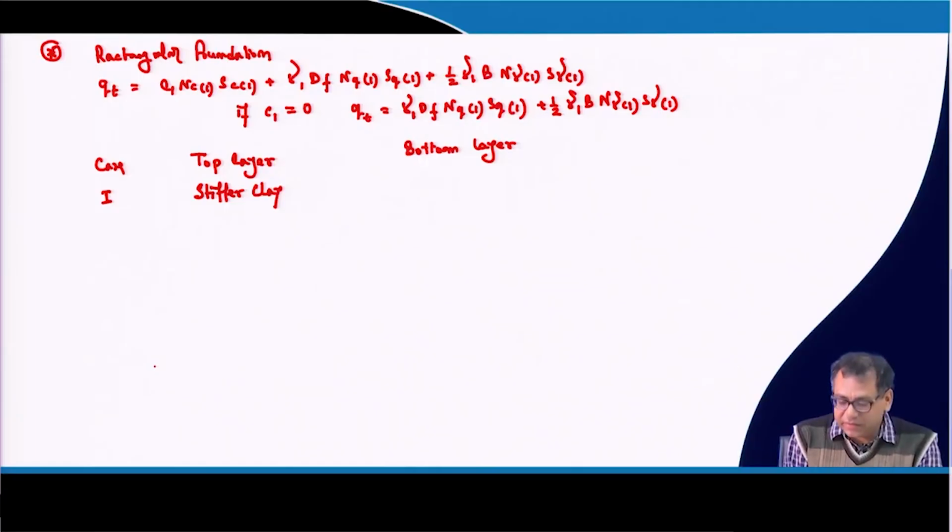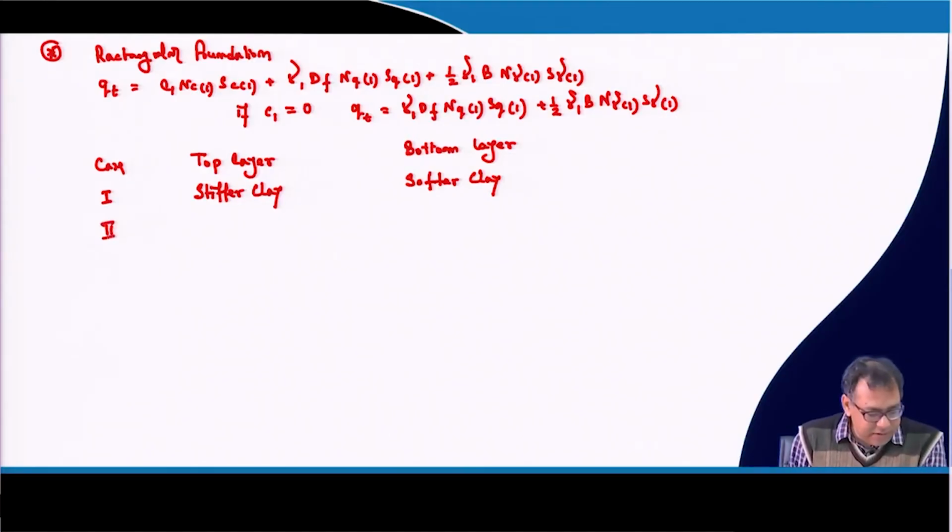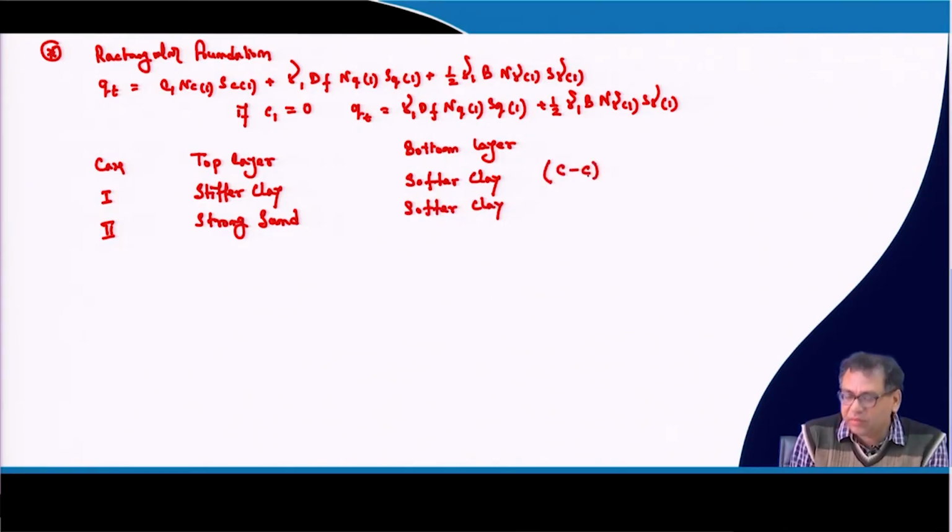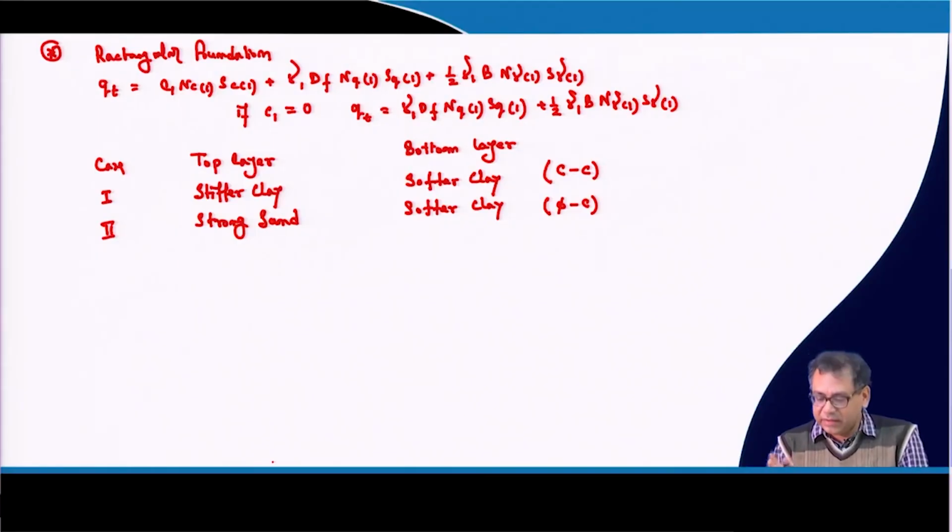The top layer is the stiffer clay, the bottom layer is the softer clay. Okay, this is my first case. Second case: the top layer is strong sand, and the bottom is softer clay. So, here the first layer is friction soil, sandy soil, cohesionless, and the second layer is cohesive soil.